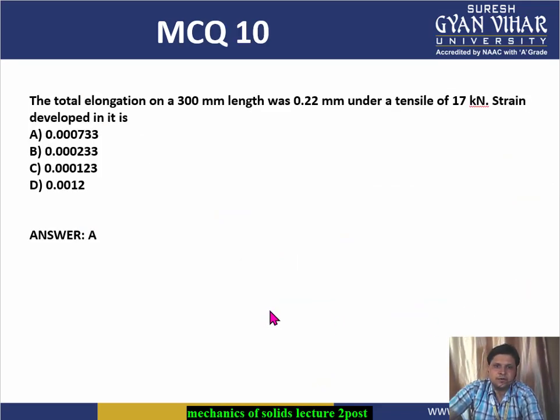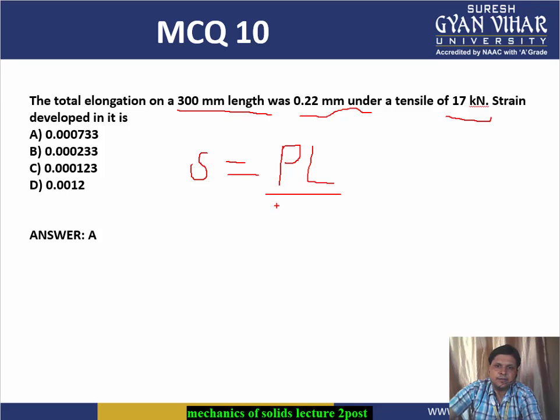This is a numerical, and what the numerical says: the total elongation on a 300 mm length is 0.22 mm under a tensile load of 17 kilonewton; strain developed in it is? Now the total elongation is given to you. We all know total elongation delta is equal to PL by AE.